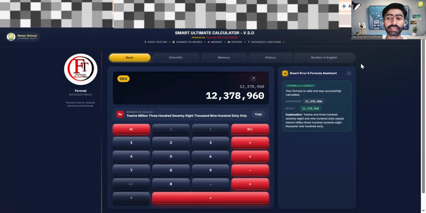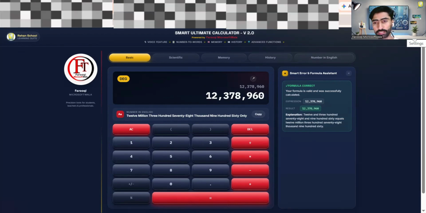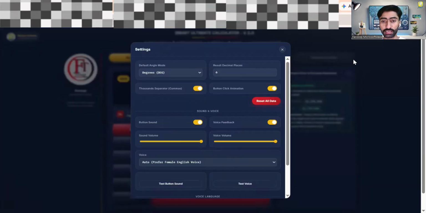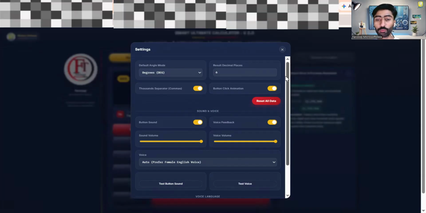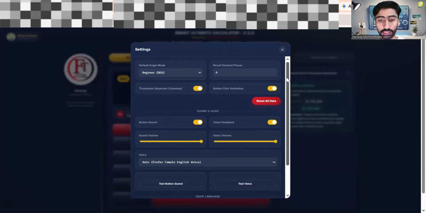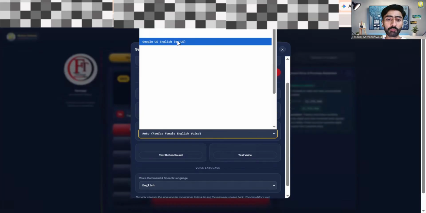So the next feature is setting our language. This calculator has many languages from around the world. When you click on setting, a window pops up like that. Here you can see voice, in which you can listen to your commands, and more: Auto, Pepper, David, English United States, and much more.